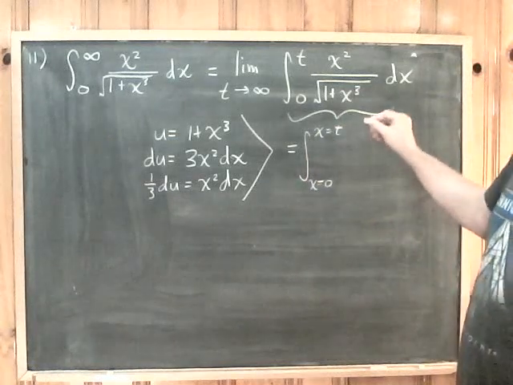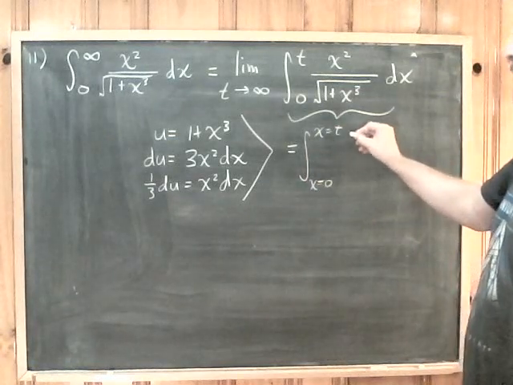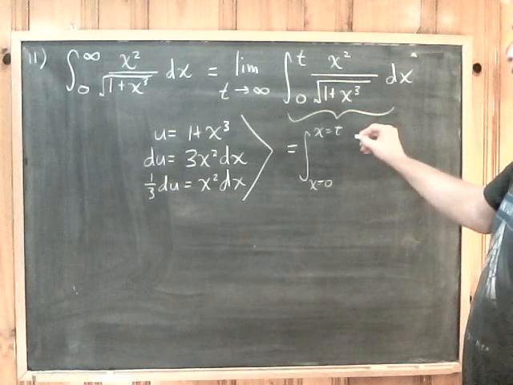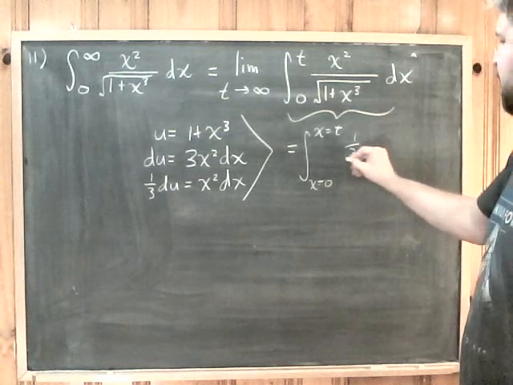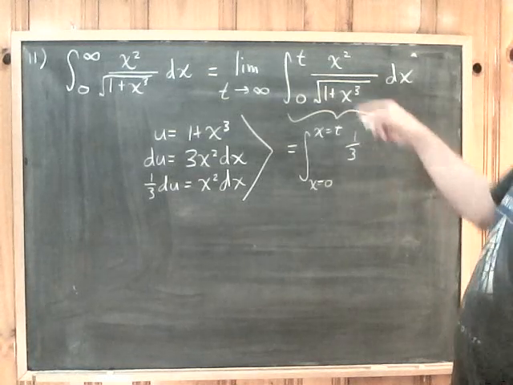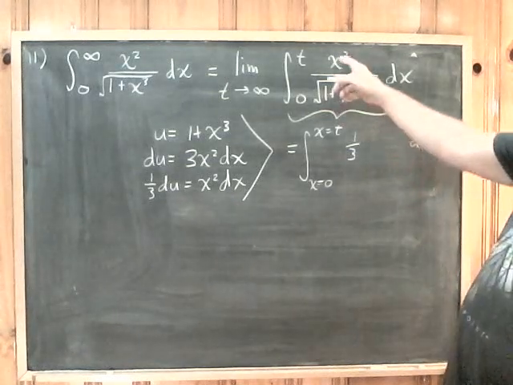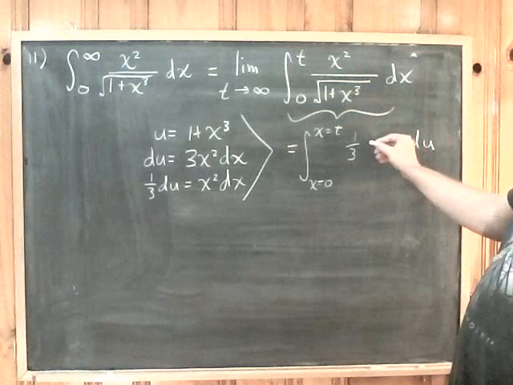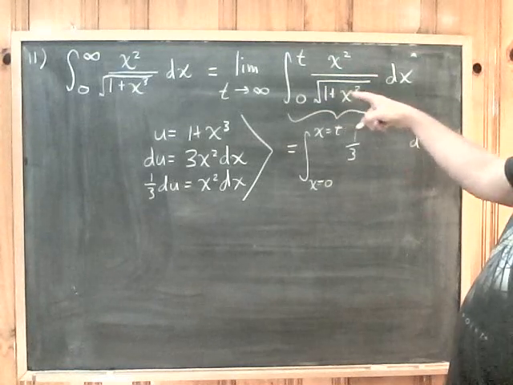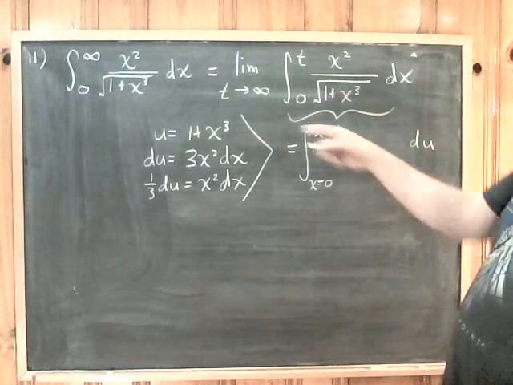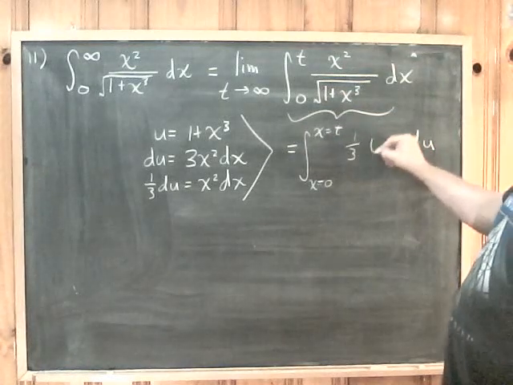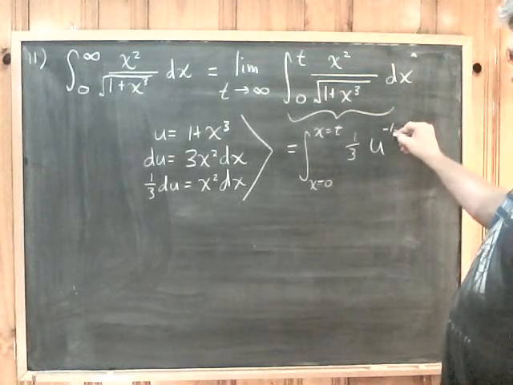Just remember, I need to put back in x before I actually plug in the 0 and t. This is 1/3 du from x squared dx, and then the square root of 1 plus x cubed will be the square root of u, but it's u to the negative 1/2.